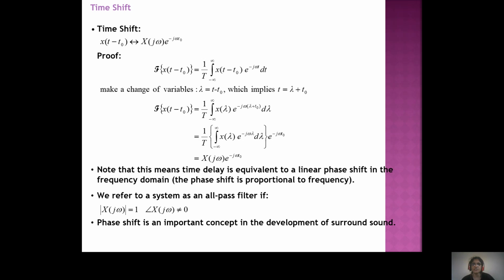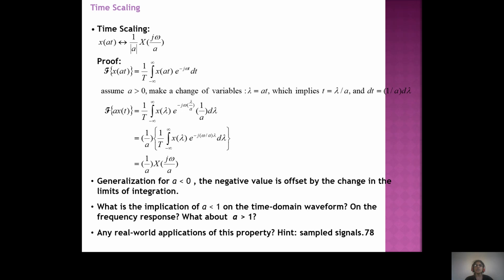This is time shift. Next one is time scaling. So what is time scaling? Time scaling: Fourier of x(at) is equal to 1 by magnitude of a times X(j omega by a). So how do we prove this time scaling property?